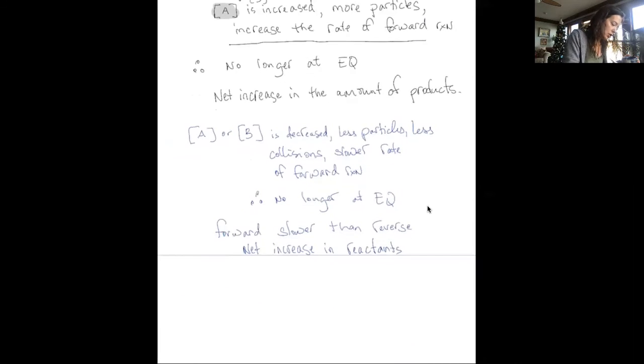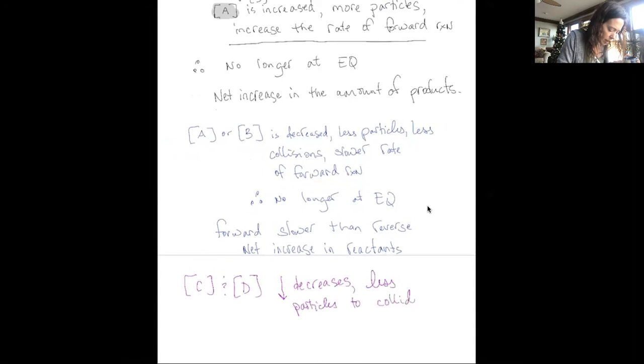We could do this in terms of the change in concentration of the products. So if I had C and D, and we'll just do one, let's say that the concentration decreases. So we have less particles to react, to collide.